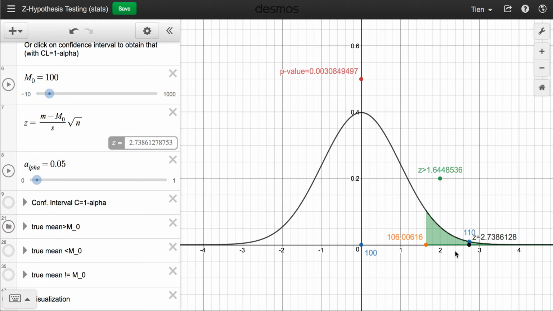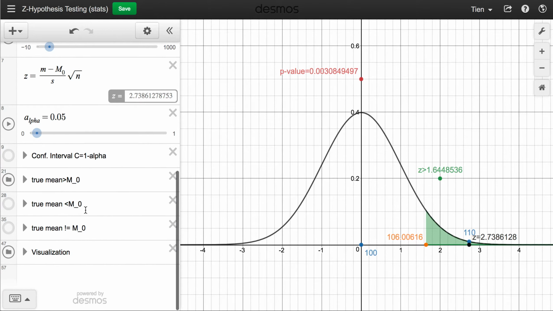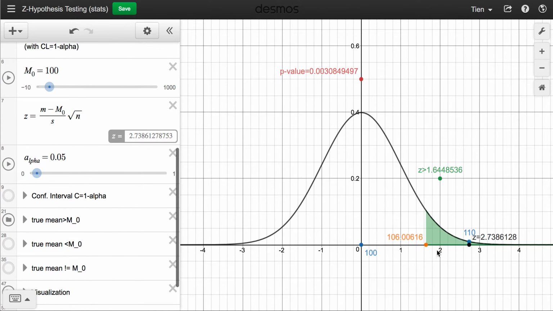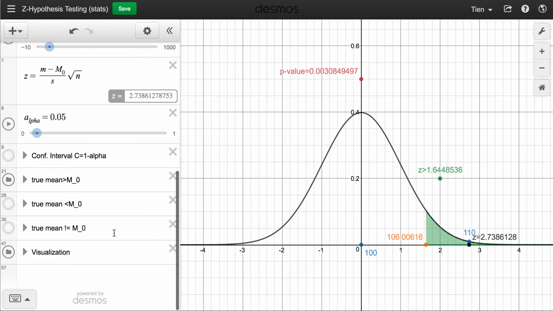And of course, with a sample mean of 110, that gives us a p-value of 0.003. Now, this green area here and this value here, that's tied to this z-score here, which is itself tied to the right tail region.